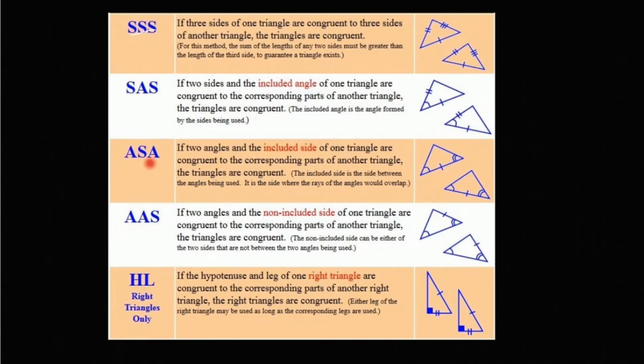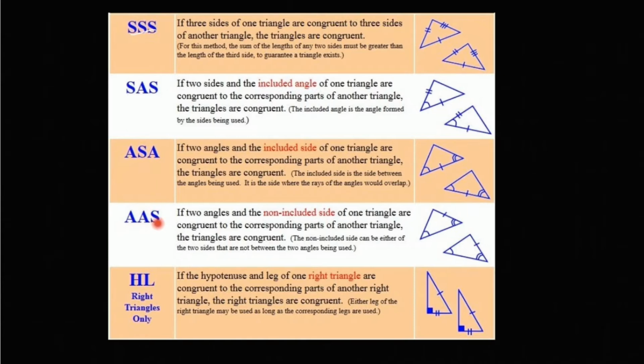Next, ASA means angle side angle. If you look at both triangles, this angle equals this angle, this angle equals this angle, and this side equals this side. If two angles and the included side of one triangle are congruent to the corresponding parts of another triangle, the triangles are congruent. This is the ASA rule.